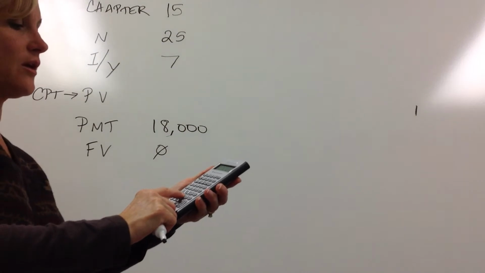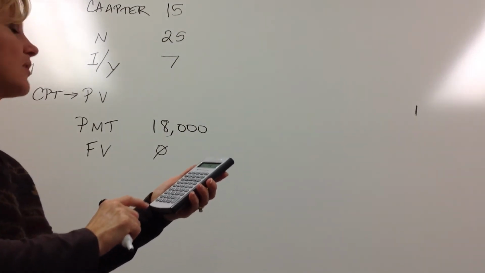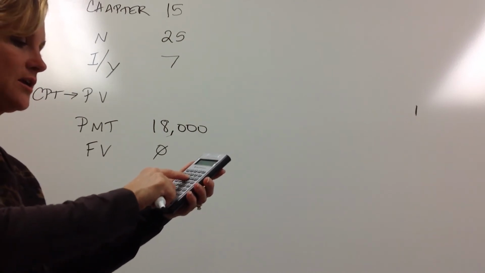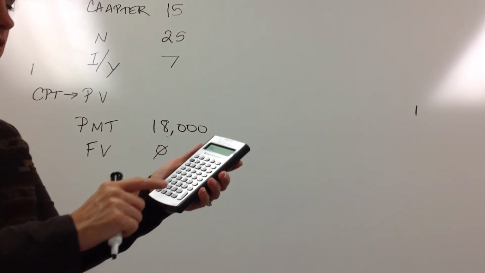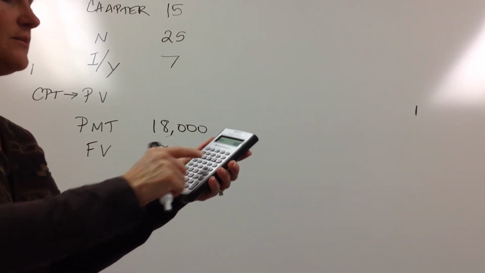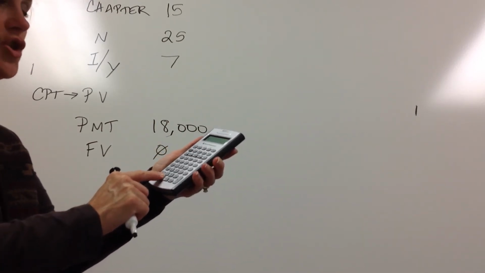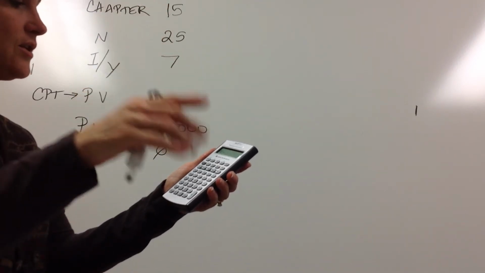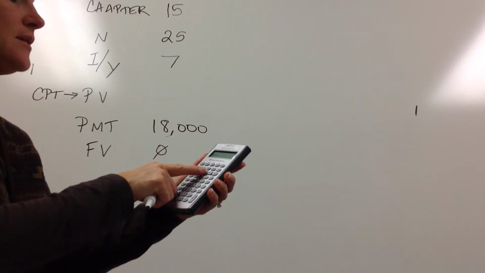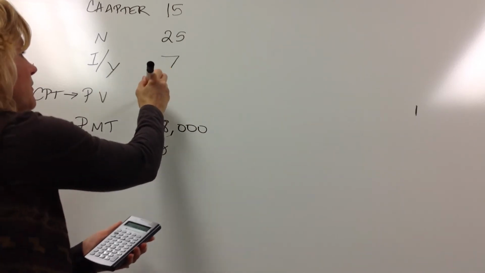So if we put this into our calculator, we've got 25 as our N, 7 as our I/Y. We're going to compute the present value so we can skip over that. 18,000 is our PMT or our payment with no future value. He can take every last penny out of that account. And then come back, hit your compute button, hit your present value button.